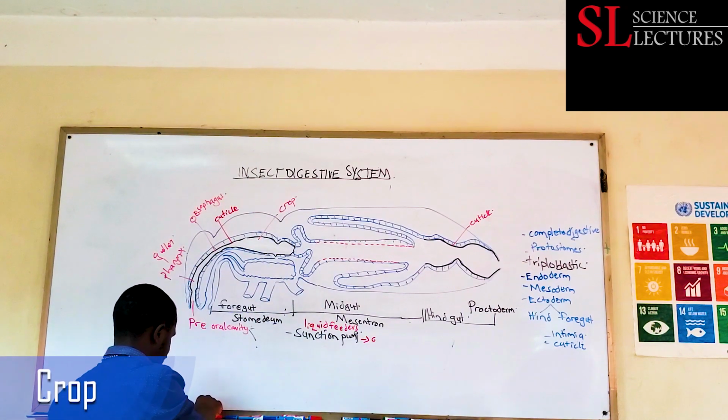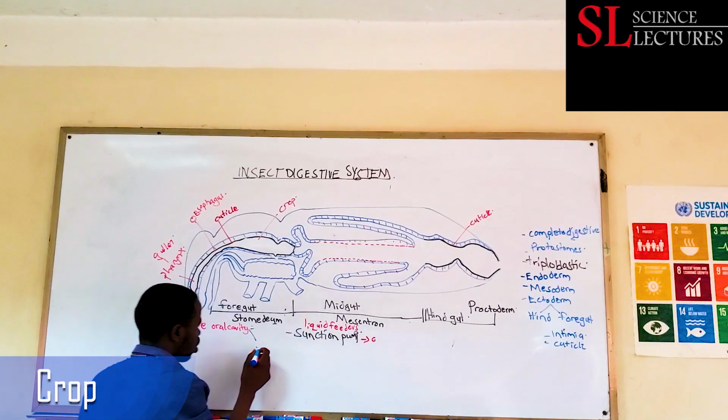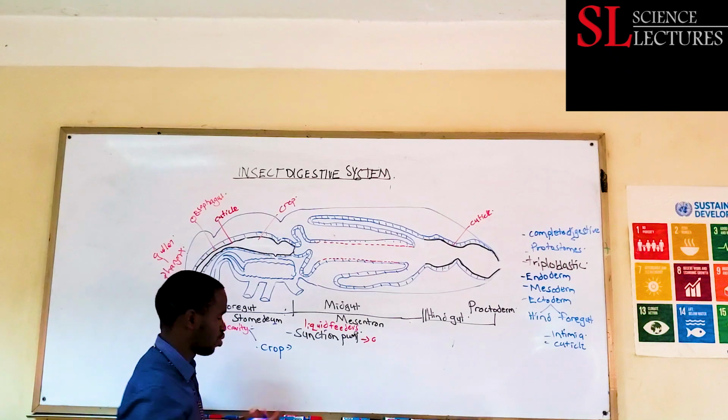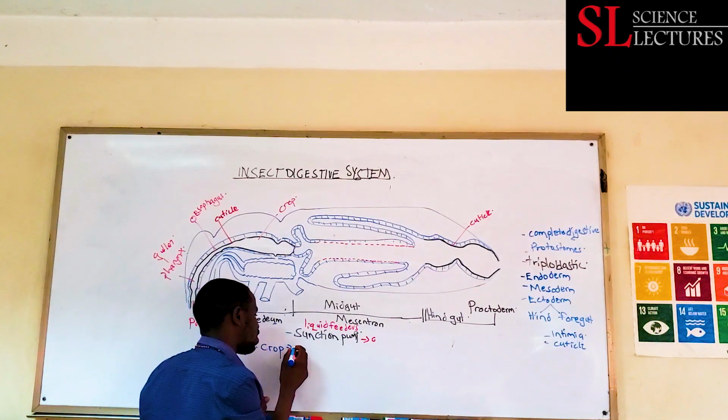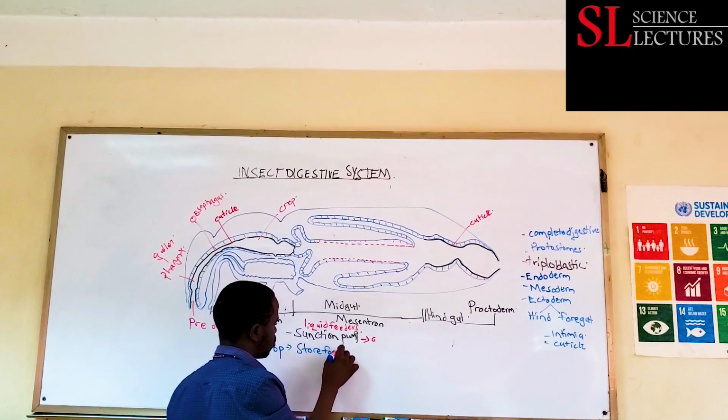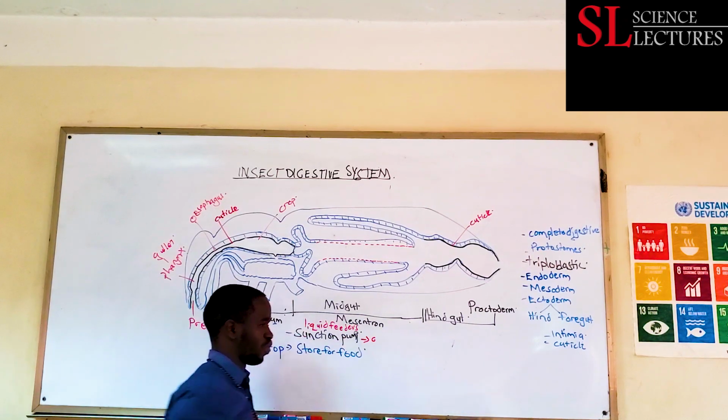Let's talk about the crop. The crop is also known as the first stomach of an insect. It acts as a store for food. That is the major role of the crop.